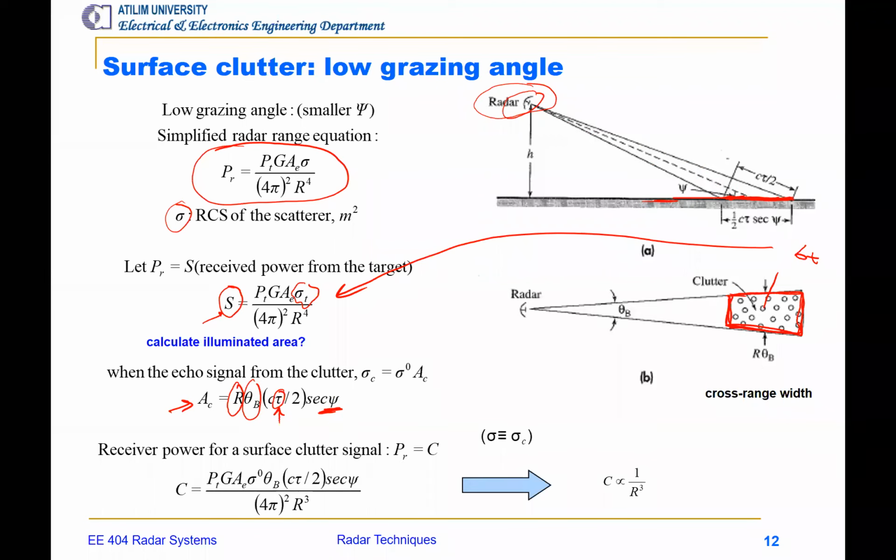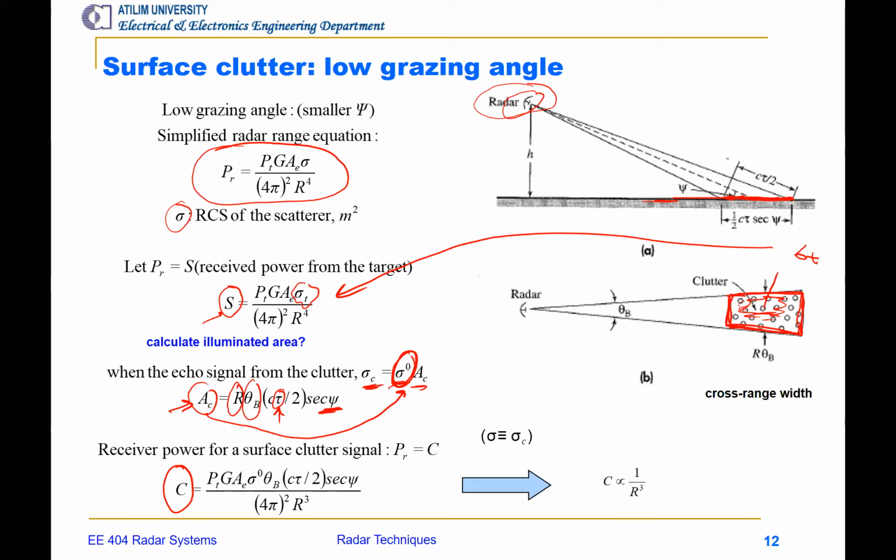Suppose that the clutter cross section here is given as clutter cross section per unit area times AC. Then we can determine the clutter power using this formula. So we just insert this AC into here, and then this is known because this is dependent on the nature of this surface, whether that's a road, for example, a forest or a farm, whatever it is.